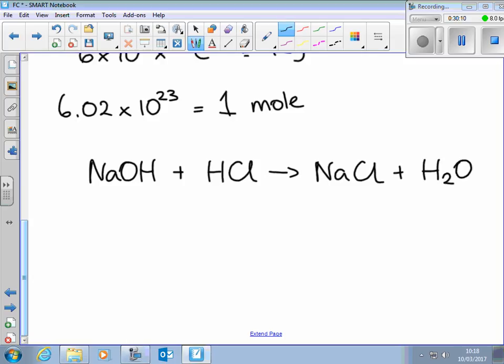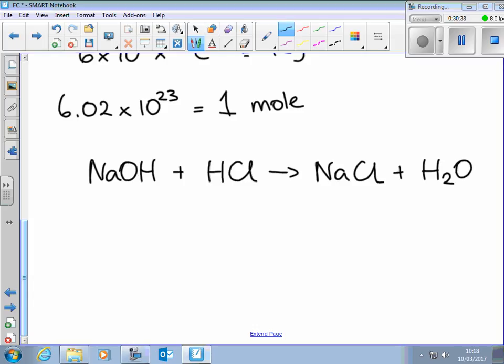You've got one sodium on the left, one sodium on the right, one oxygen on each side. Our hydrogens do balance in this one, don't we? We've got one in the sodium hydroxide, one in the hydrochloric acid. That balances with the two on the other side, and the oxygen balances. So that whole thing balances, yeah?